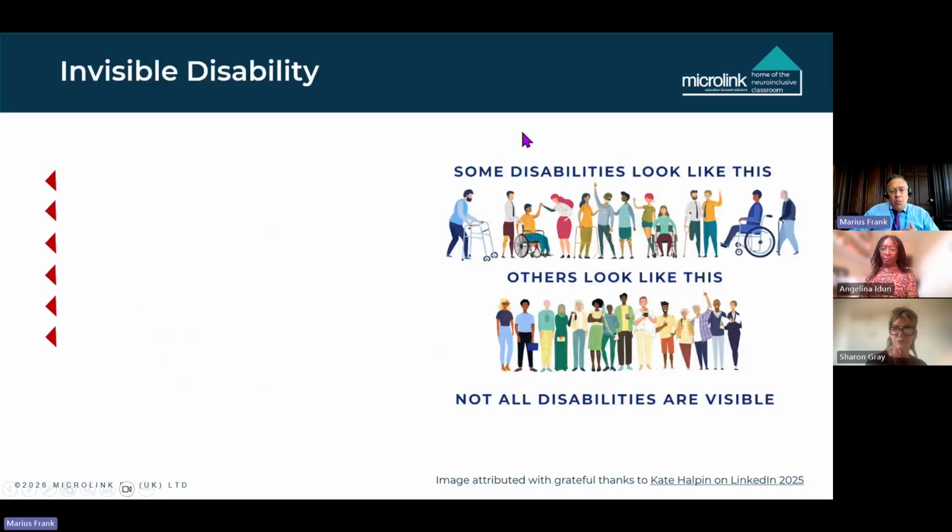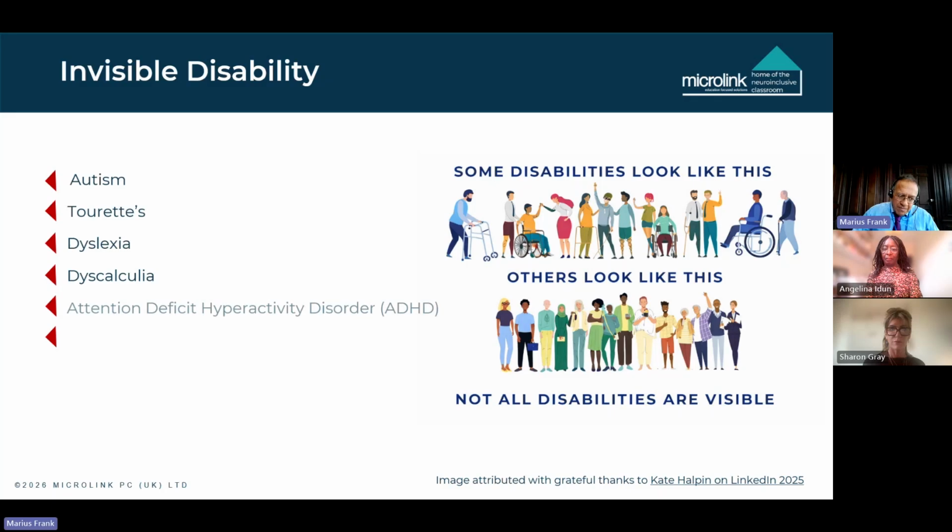One of the most challenging aspects, I think, in education today is a simple fact that not all disability is visible. And we have names for some of these conditions. We have autism, Tourette's, dyslexia, dyscalculia, ADHD, and others.